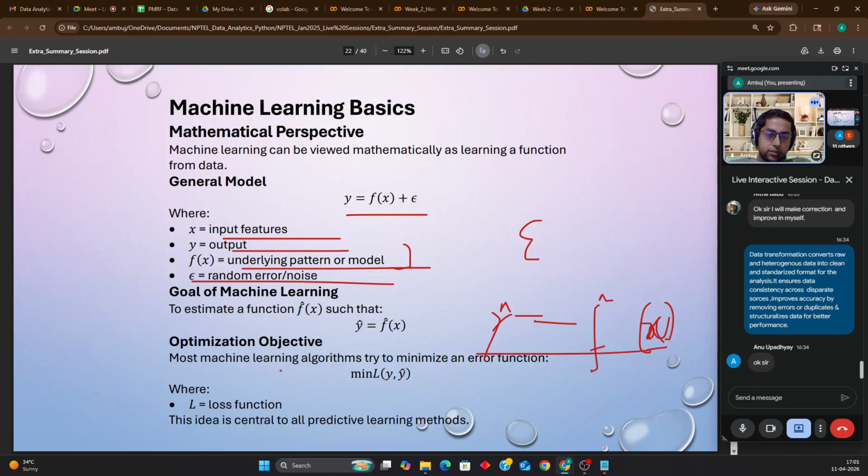Optimization objective: most machine learning algorithms try to minimize the error function, that is minimization of the error or the loss function. Loss function often it is carried out as error function only, as this error function, yi minus y bar.